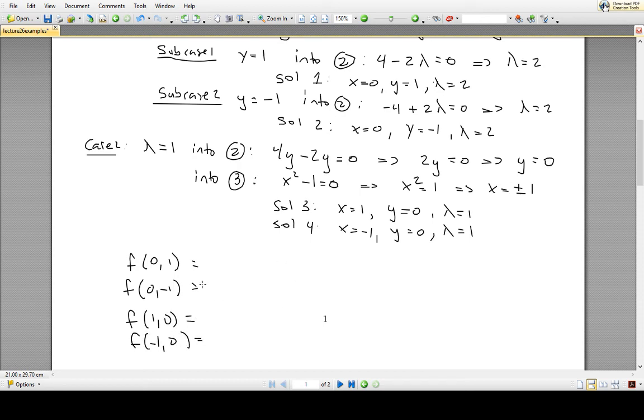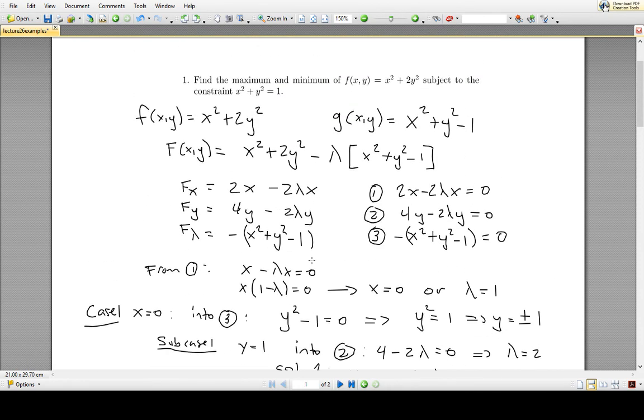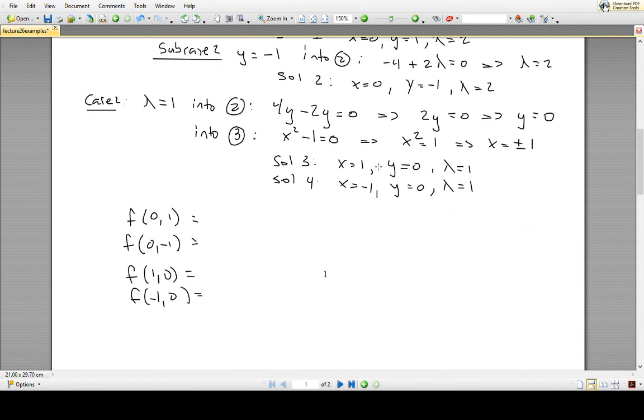So if we plug these into the function, when x is 0, that gives us just 2y squared. So this would be 0 squared plus 2 times 1 squared, which is equal to 2. Same thing if I plug in negative 1, would give me 0 squared plus 2 times negative 1 squared, which again is 2.